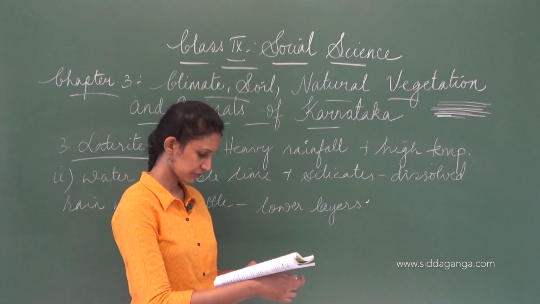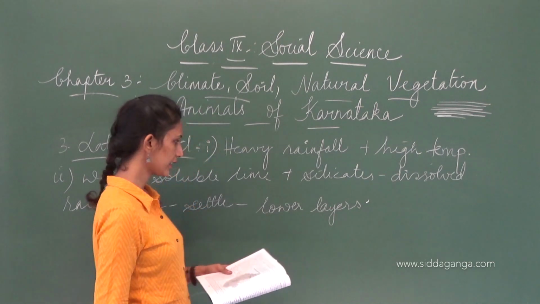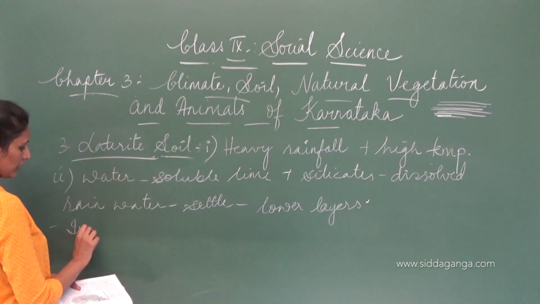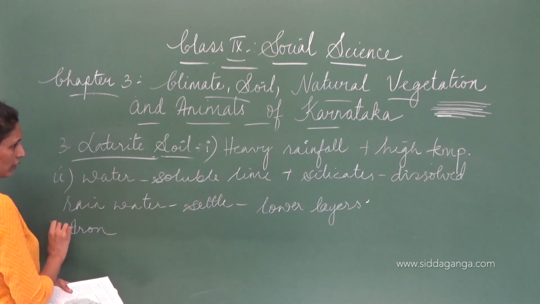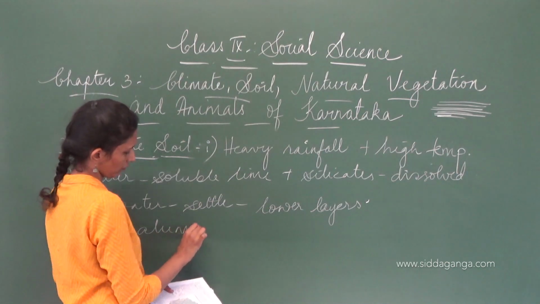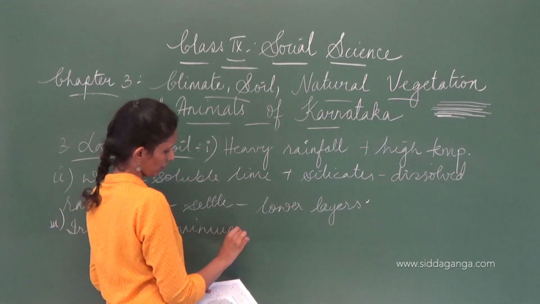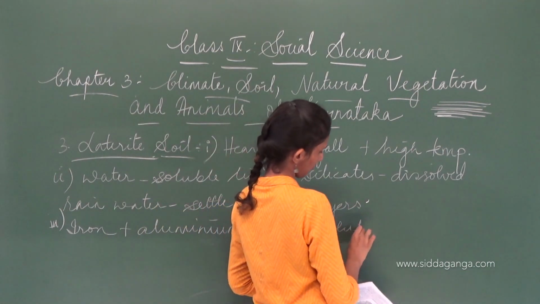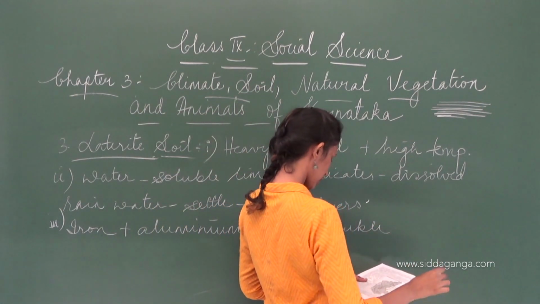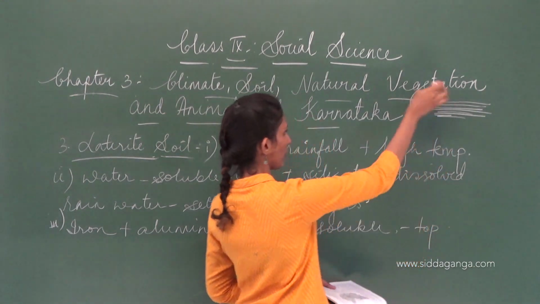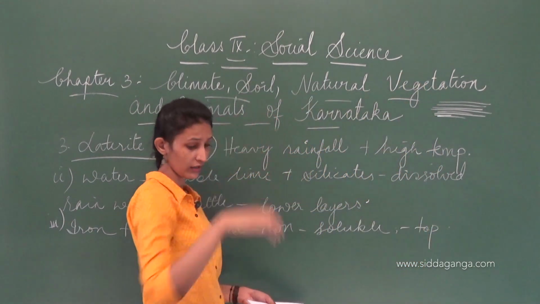So what? Iron and aluminium, which are non-soluble, that can't be dissolved, remain in the top layers, whereas what is soluble goes down.